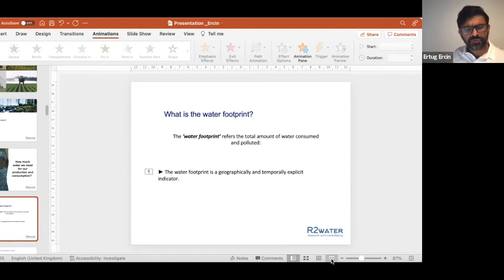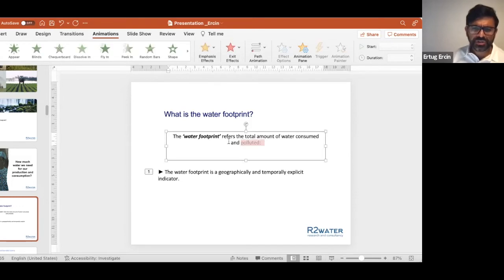So the water footprint concept inherently says that if you do water recycling, if you do reuse, and cleaning, you reduce your water footprint. And it actually promotes that.